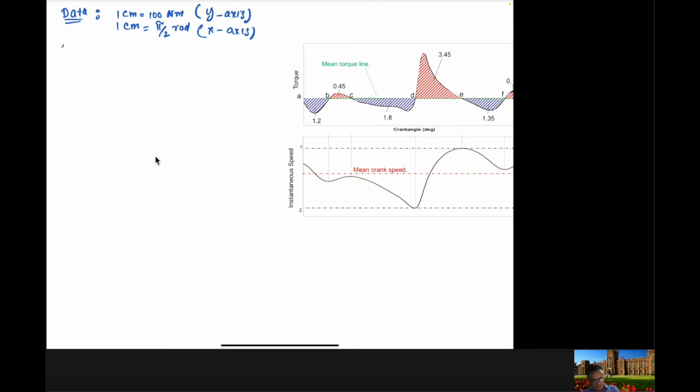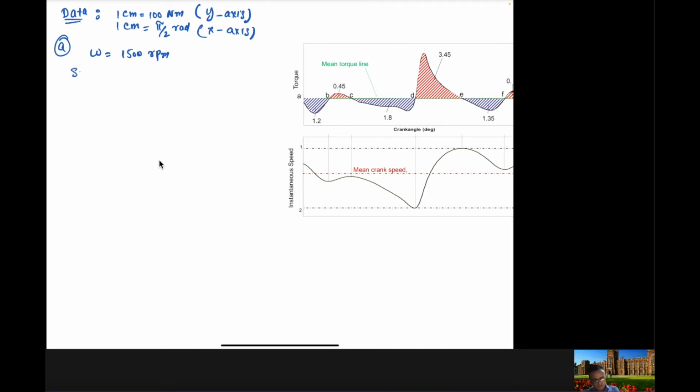So if we try our part 1 here, what you are required is that the mean engine speed is 1500 rpm. So omega is provided, it is 1500 rpm here. What flywheel inertia is required to limit the speed fluctuation to plus minus 2%?